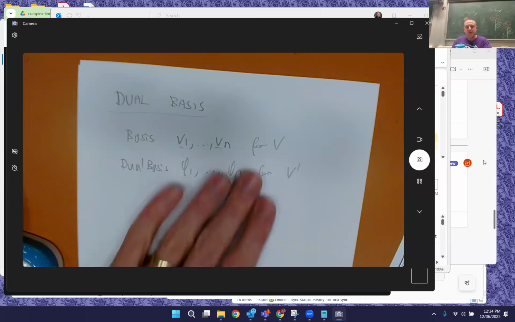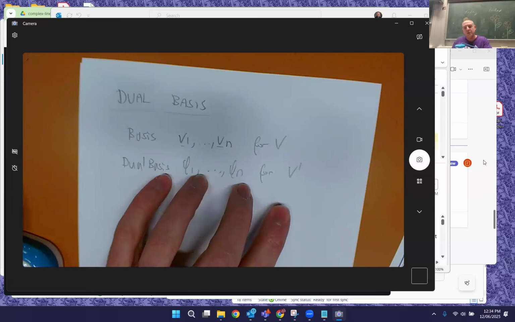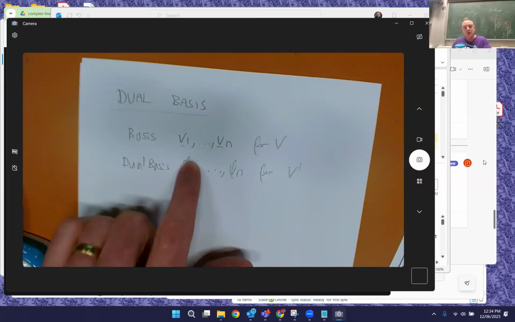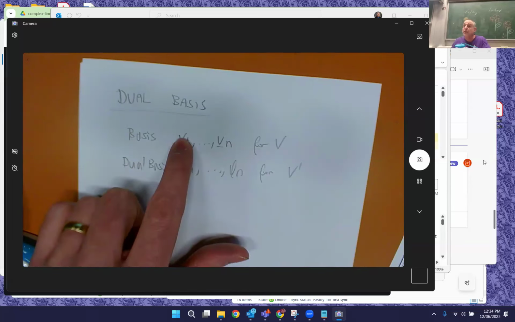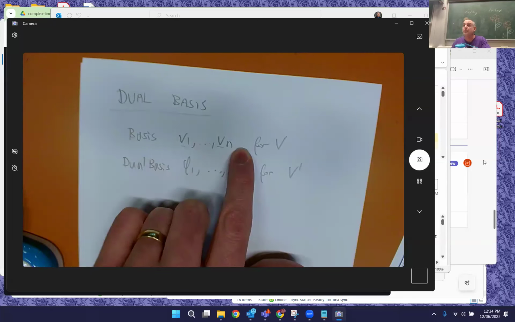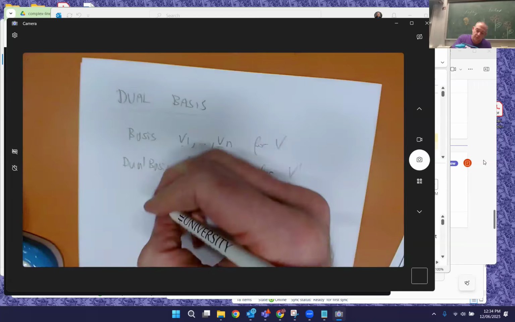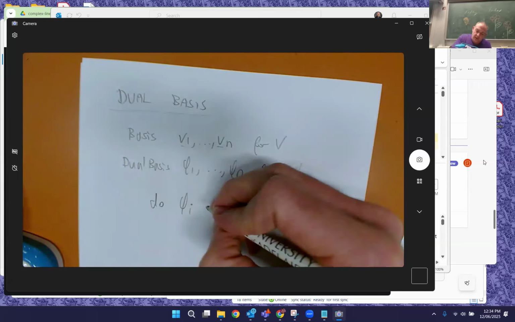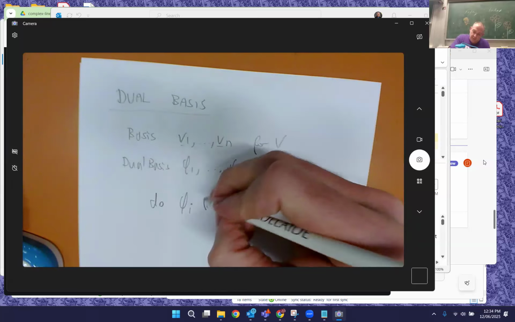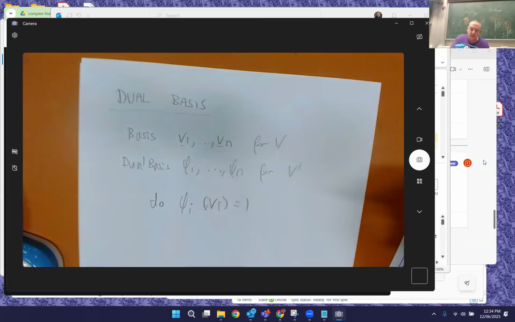Then the dual basis is chosen in such a way that when I do this function on that one, I get 1. When I do this function on any of the other ones, I get 0. So if you do phi i on vi, you get 1.